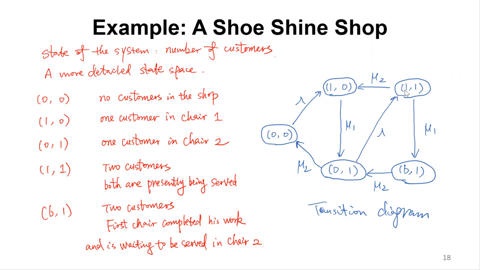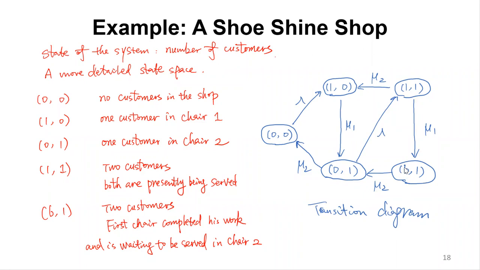If an arrival comes to chair 1 and chair 2 still has 1 customer, then we have both customers presently being served. Now mu2 can finish service and then it becomes 1, 0. Or mu1, chair 1 finishes and then it becomes B1, because the first one is blocked and waiting to be served in chair 2.